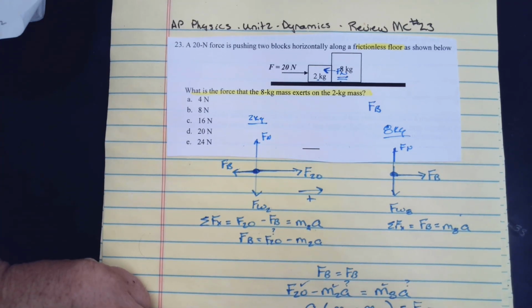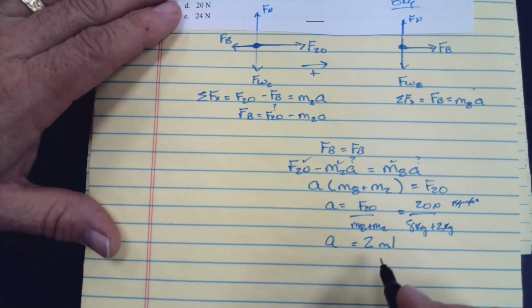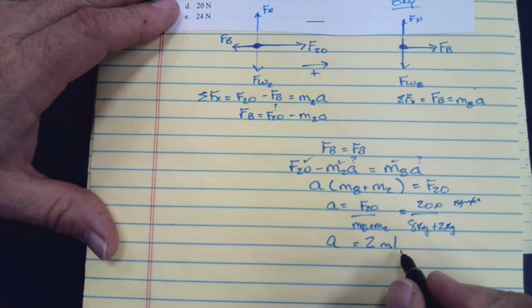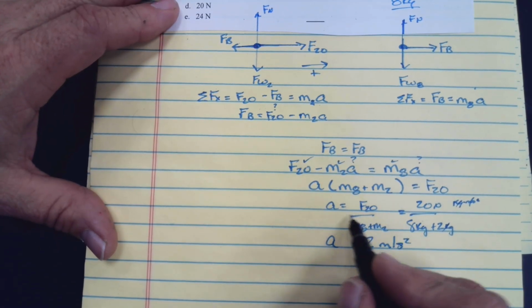We got 20 newtons over 8 kilograms plus 2 kilograms. I know newtons really is kilograms meters per second squared, and kilograms cancel out with kilograms. I've got to feel like I did the right thing with my acceleration, and I get, you can't see it, 2 meters per second squared.